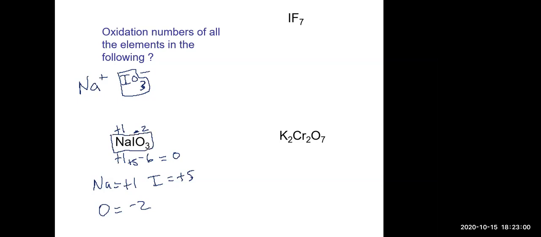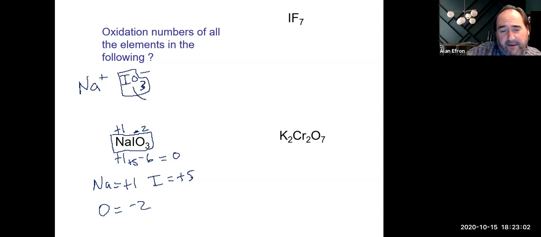Thank you. And if we want to break this down into the IO3 minus, we could see how we get the -1 overall charge by applying the same thing. The oxygen would be -2, which would get you a -6, which means the iodine, which we normally associate with a -1 charge, actually will have a +5 oxidation state in this case. That +5 and that -6 gives the iodate a -1 overall.